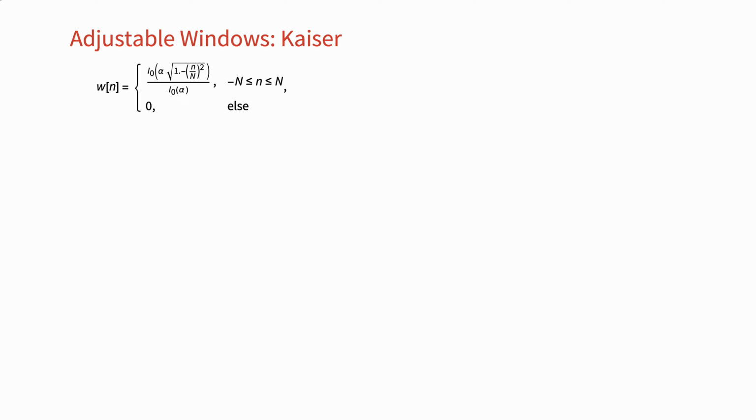The discrete-time Kaiser window is defined as shown here, where I0 is the 0th order modified Bessel function of the first kind, and alpha is an arbitrary non-negative real number that determines the shape of the window. It determines the trade-off between the main lobe width and the side lobe level, the attenuation. This is a central decision in FIR filter design using the window method.